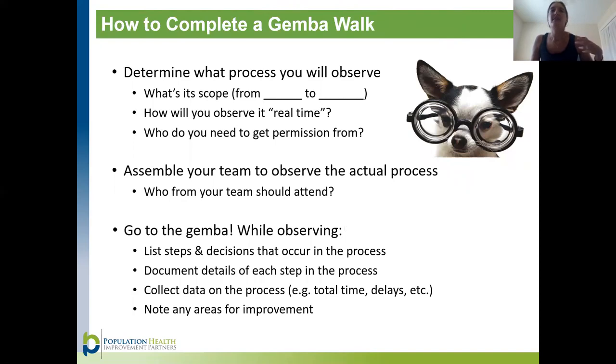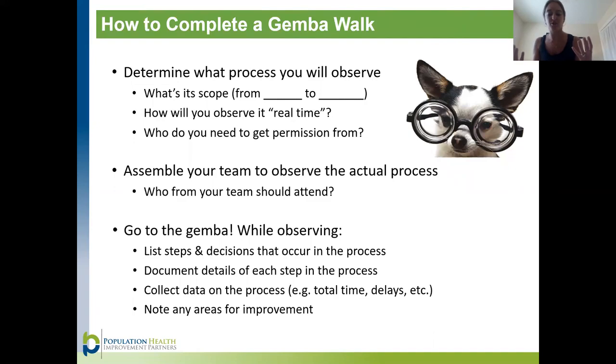And then once you have your process chosen and you've got your team developed, you actually get to go to the Gemba, right? You get to do the fun part. You get to go and follow that person or that thing that you identified as the center of your walk. So if you're looking at the process for transitioning a patient from hospital to home, for example, you may want to follow the patient.